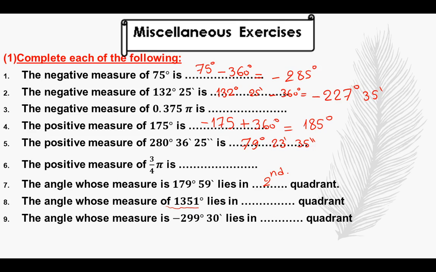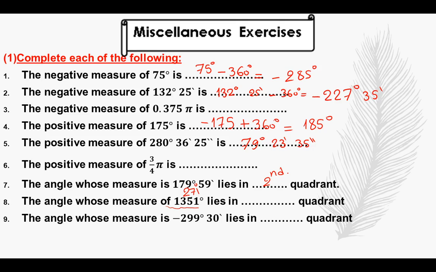It's also bigger than 360. So we will subtract again, negative 360. It will be 271. So we can say that the angle 1351 is equivalent to an angle of measure 271 degrees. Is this angle bigger than 180 and smaller than 270?